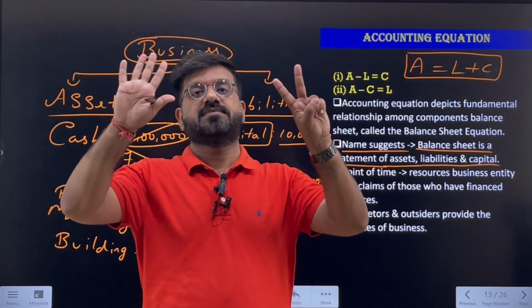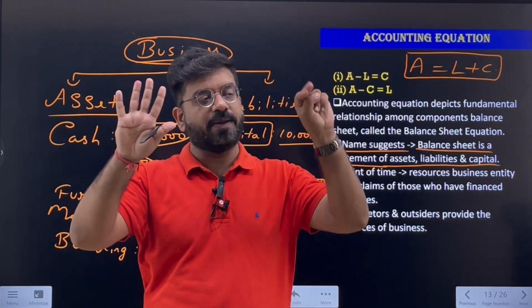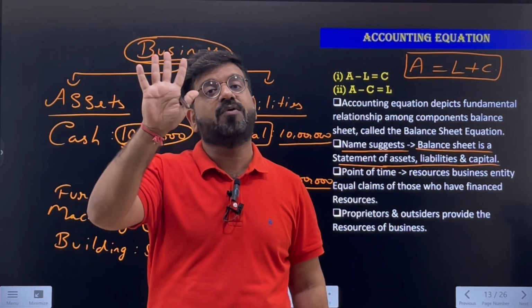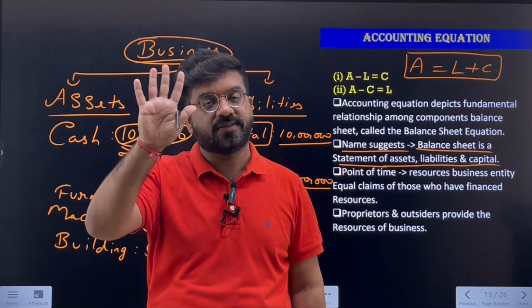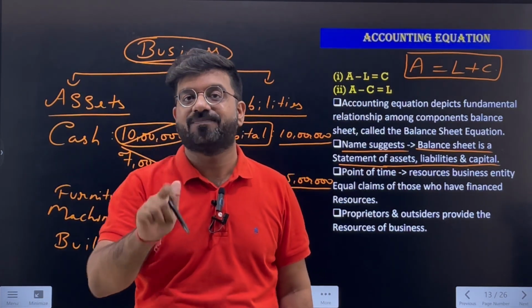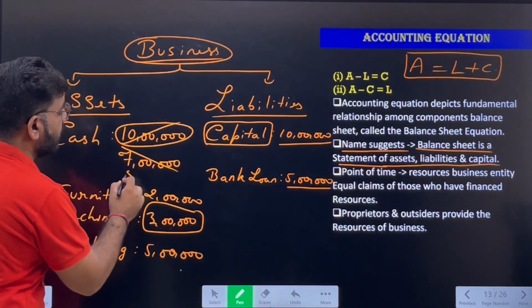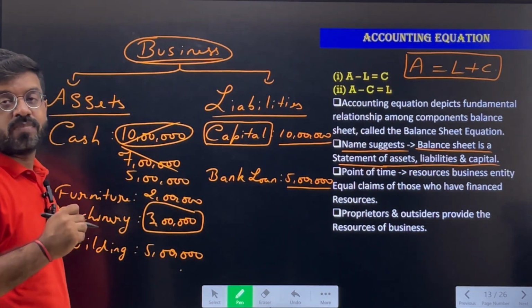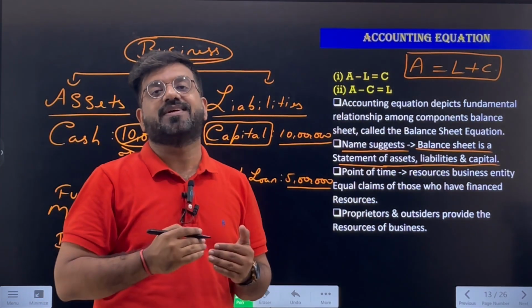I had 7 lakhs, of which I paid these 2 lakhs for purchasing the furniture. What is the net amount I have remaining in my hand? That is the cash, only 5 lakhs. So 5 lakhs will be remaining as cash in my hand. So my cash is reducing.